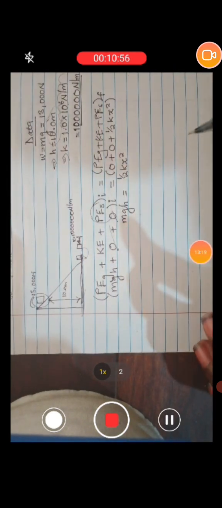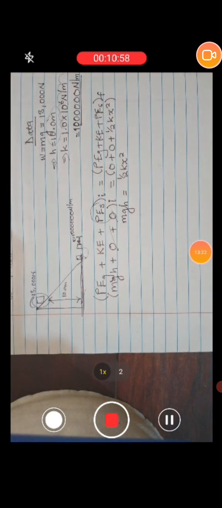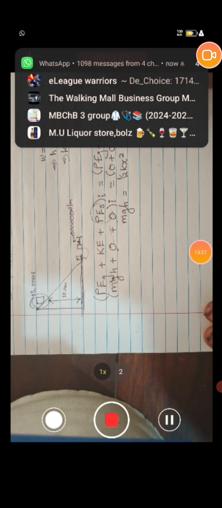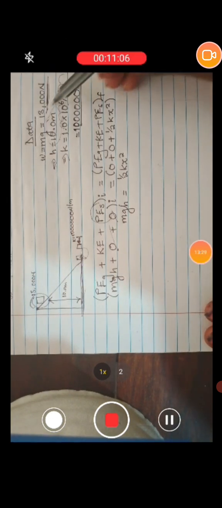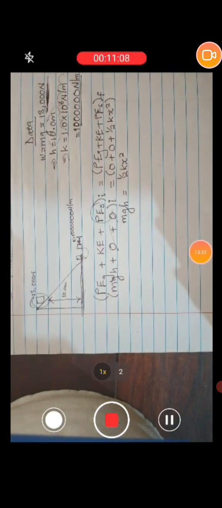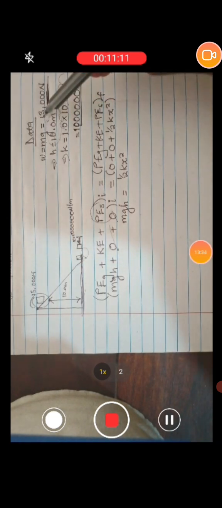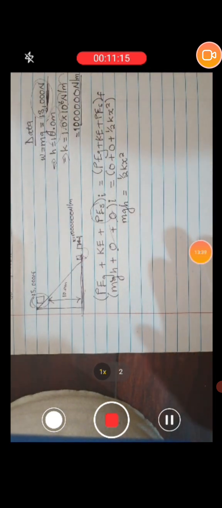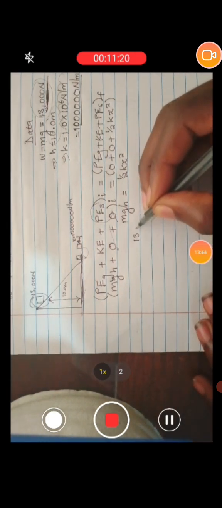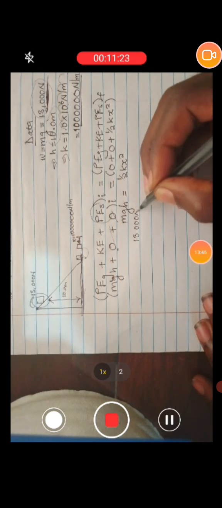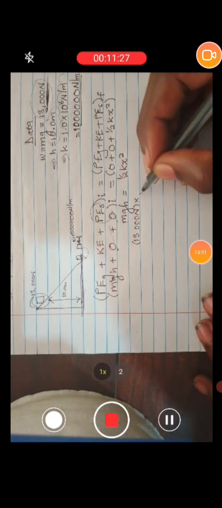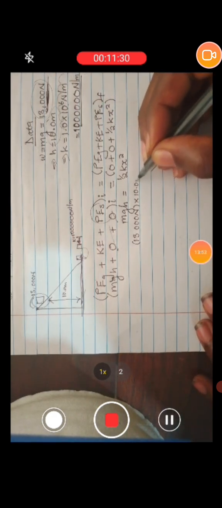Here, since we don't have the mass and the gravitational field separately, but we are given the weight, and since weight is mg, where there is mg we'll put 13,000 newtons, multiplied by the height, which is 10 meters.